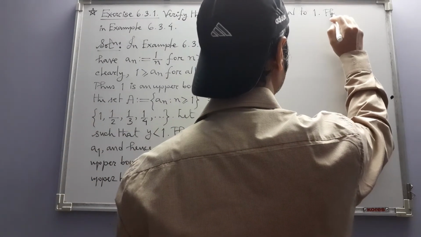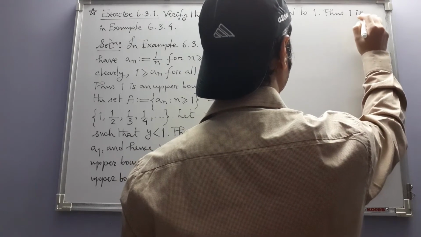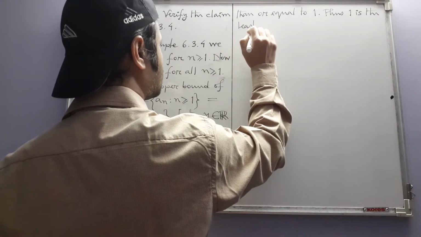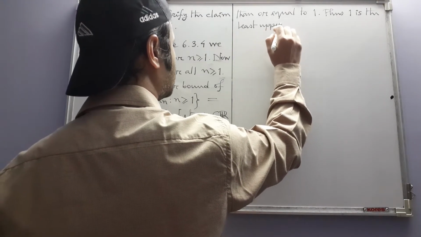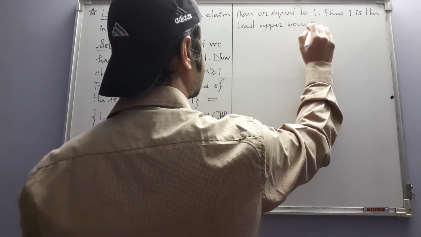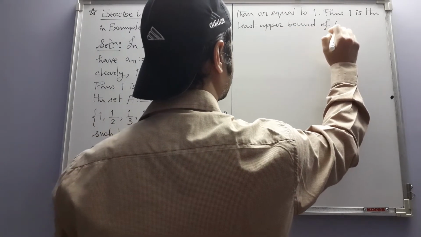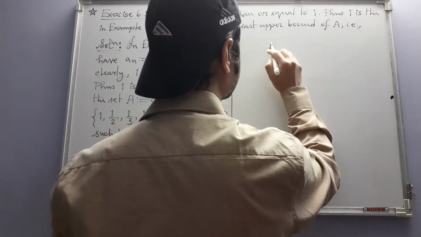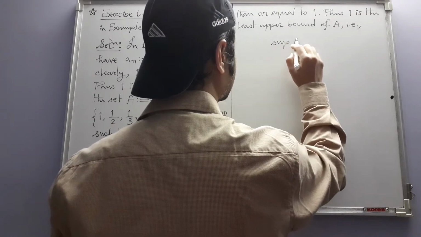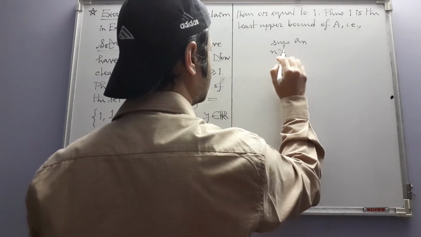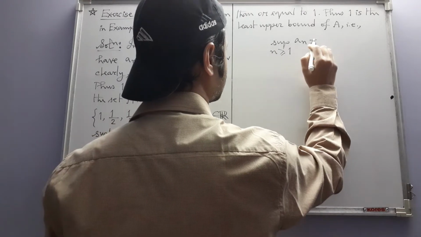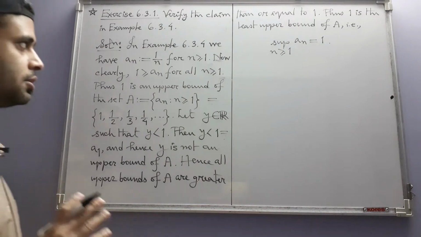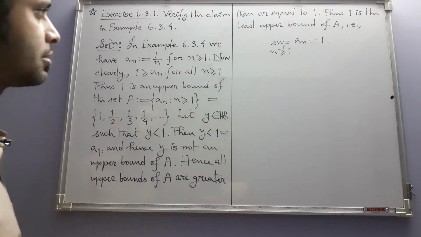Thus 1 is the least upper bound of A, that is, supremum of a_n is equal to 1. So supremum of this sequence is 1, that has been justified.